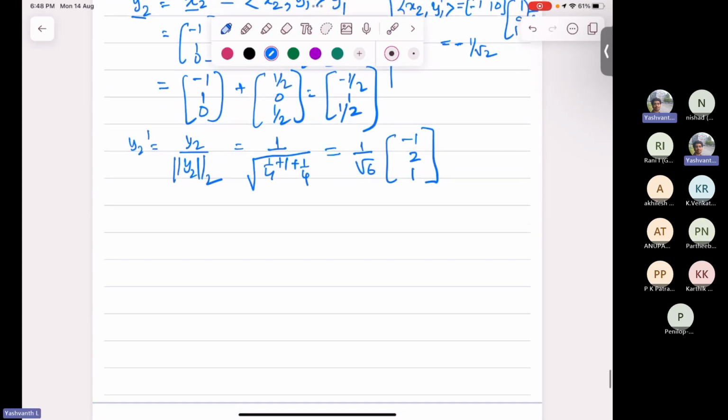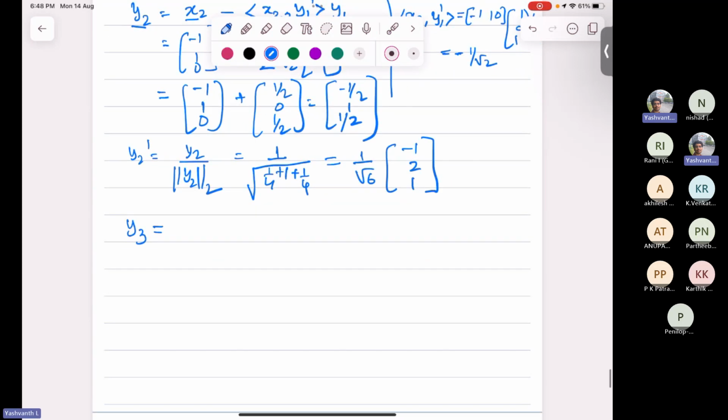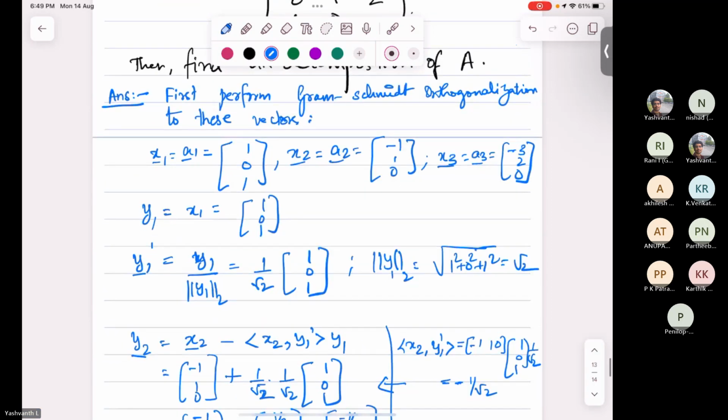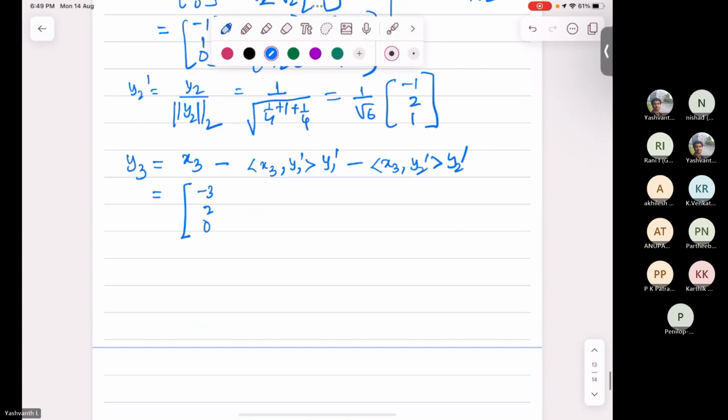And y3 is nothing but the third vector x3, minus the components of x3 along y1 dash and y2 dash: x3 comma y1 dash times y1 dash, minus x3 comma y2 dash times y2 dash. x3 is (-3, 2, 0). Okay, we need to compute these.